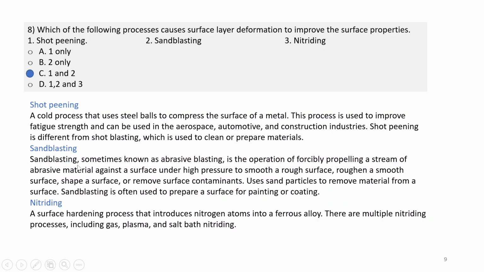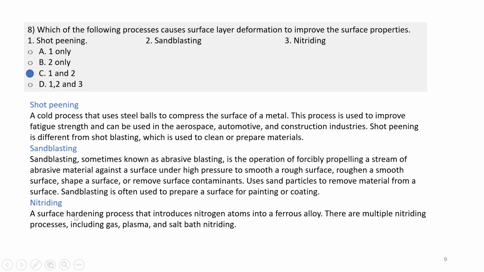Sandblasting, sometimes known as abrasive blasting, is the operation of forcibly propelling a stream of abrasive material against a surface under high pressure to smooth a rough surface or to roughen a smooth surface, to shape a surface, or to remove surface contaminants. It uses sand particles to remove material from a surface. Sandblasting is often used to prepare a surface for painting or coating.